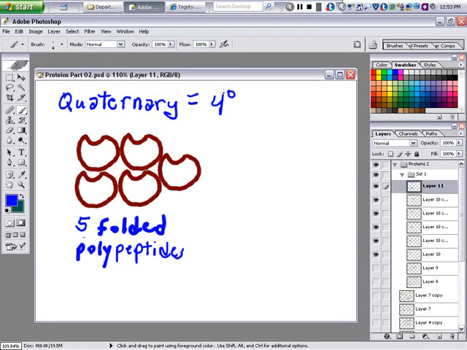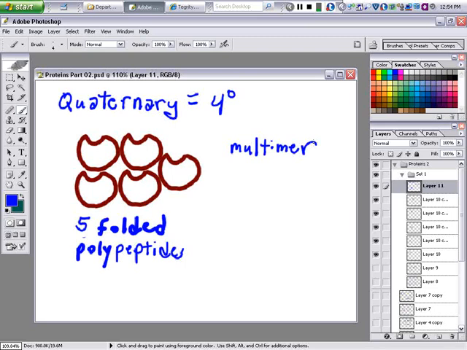Now, if a protein has more than one polypeptide, we call such a protein a multimer. A multimer. M-U-L-T-I-M-E-R. Or more than one unit.